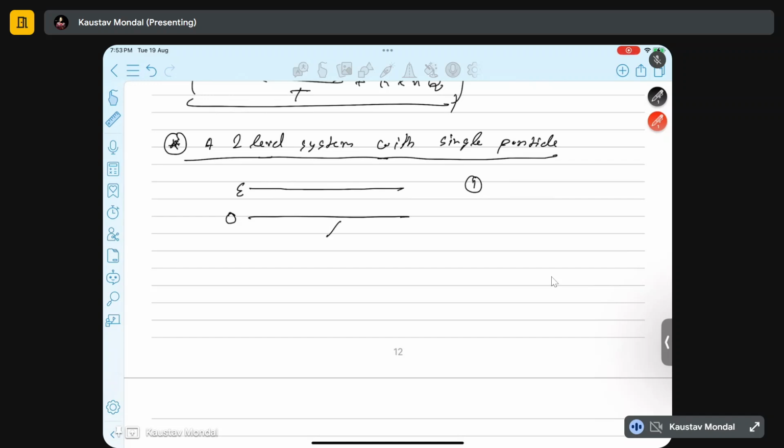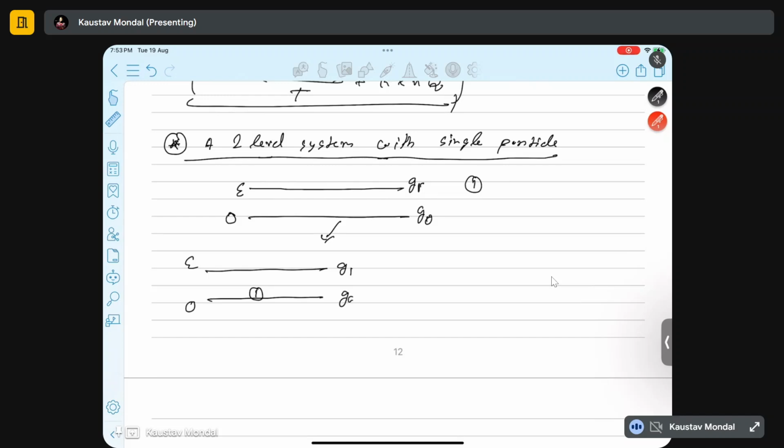Let's suppose this has degeneracy G1 and this has degeneracy G0. The first case would be the particle is in state 0 here.